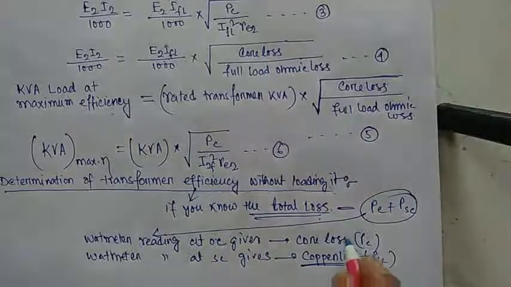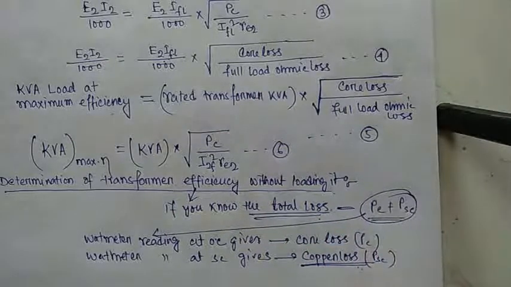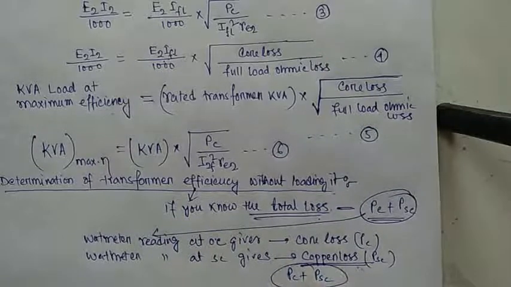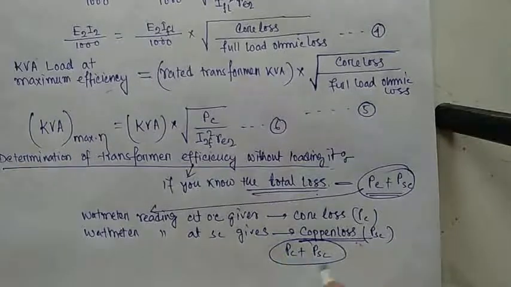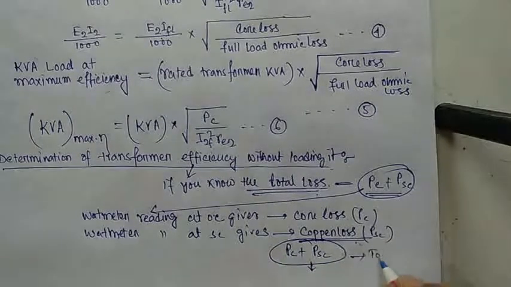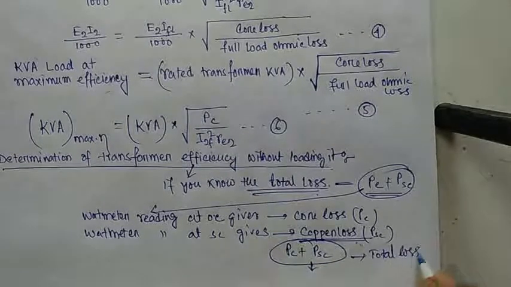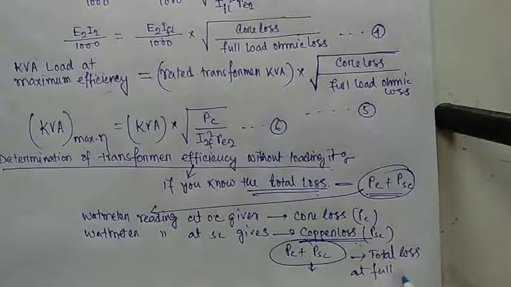So total loss is actually PC plus P of SC. This is the total loss at full load.